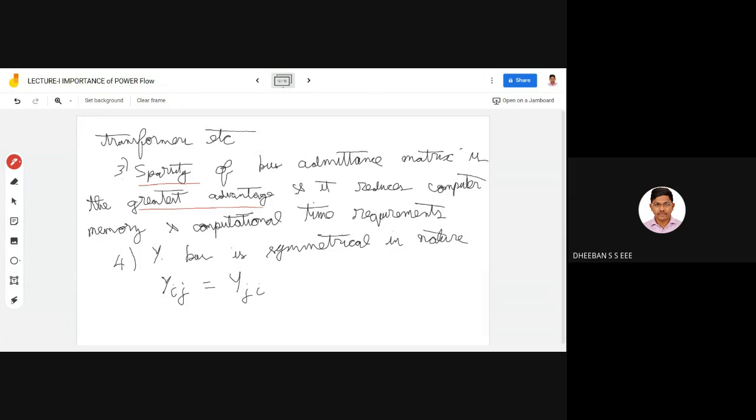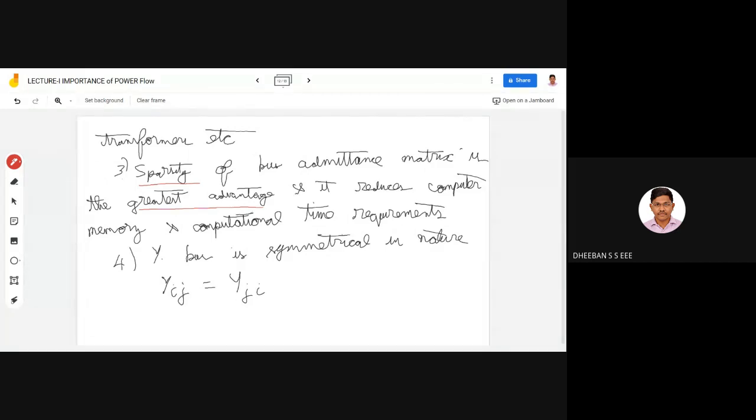But in real time, the interconnected power system network is very large and consists of an enormous number of buses, and it is necessary to check through all the buses. It can get somewhat difficult, and for that purpose we make use of the Y-bus matrix.